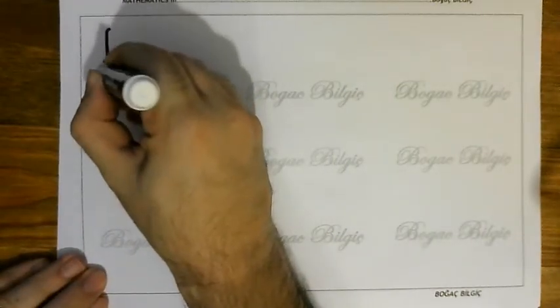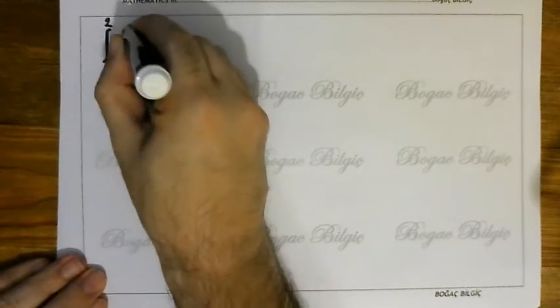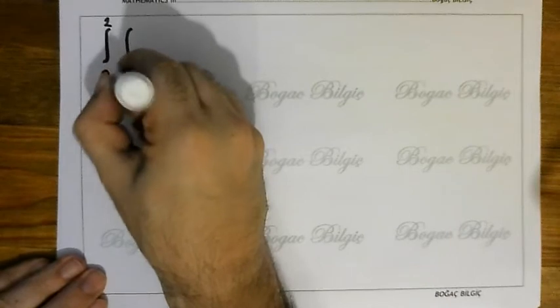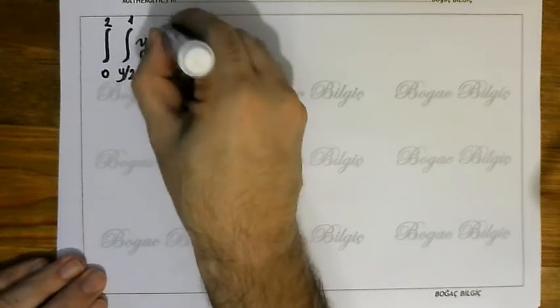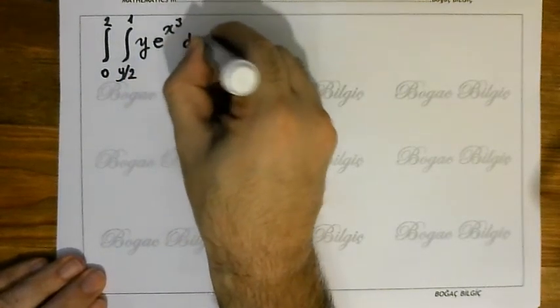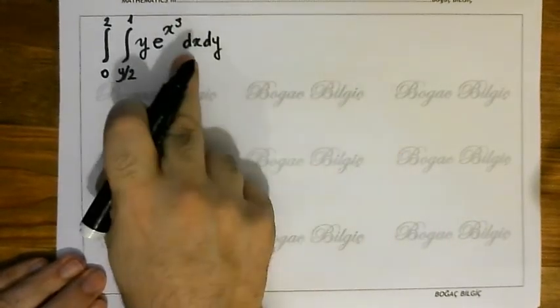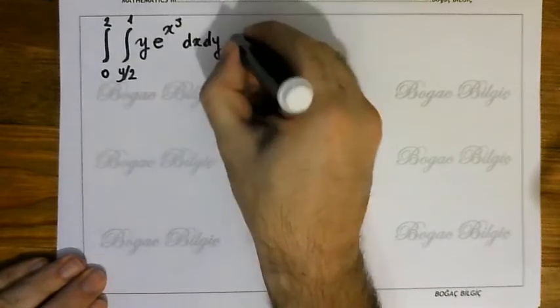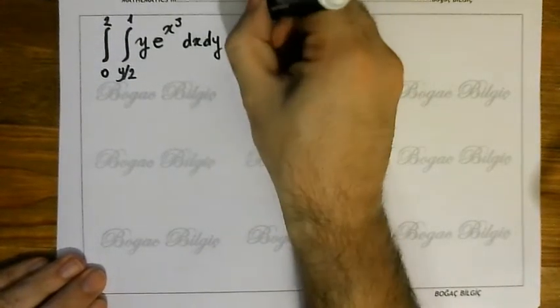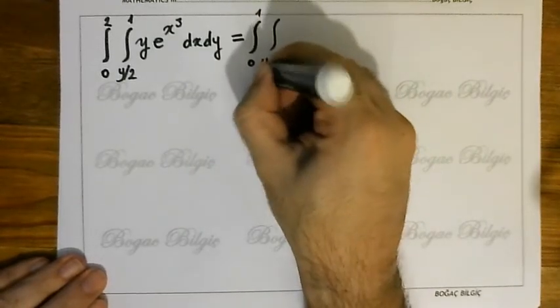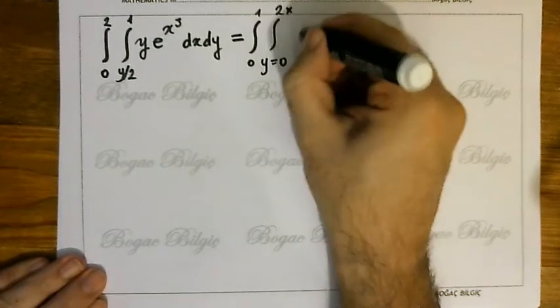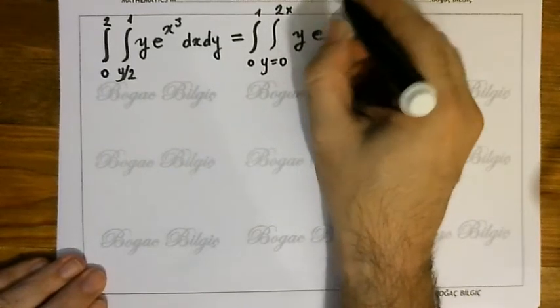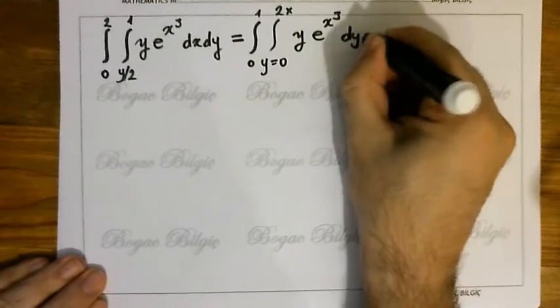Now the integral becomes the integral from 0 to 1, and from 0 to 2x, of y e^(x^3) dy dx.